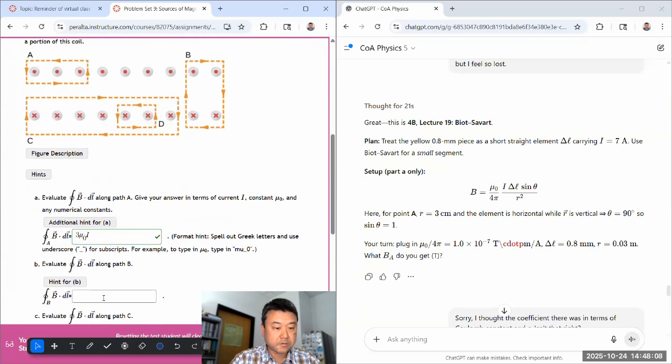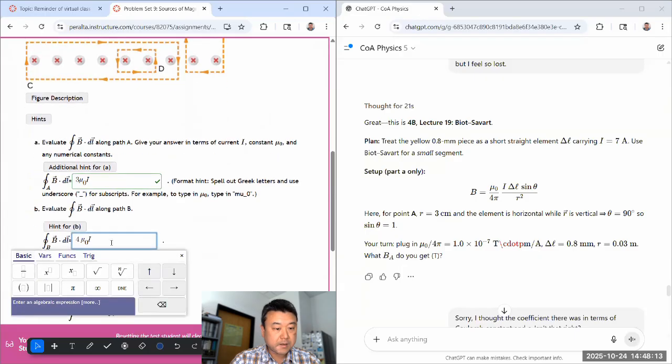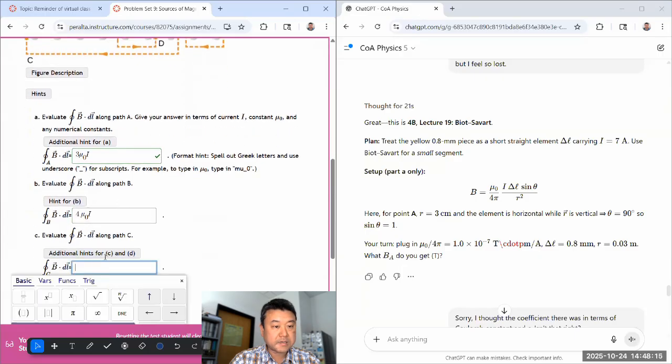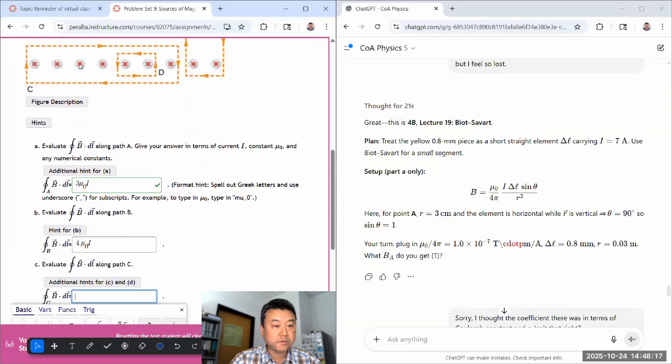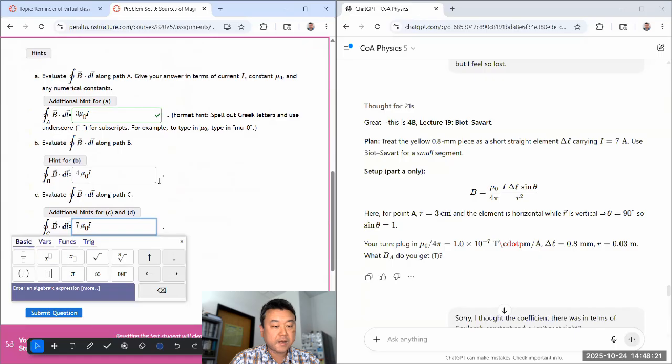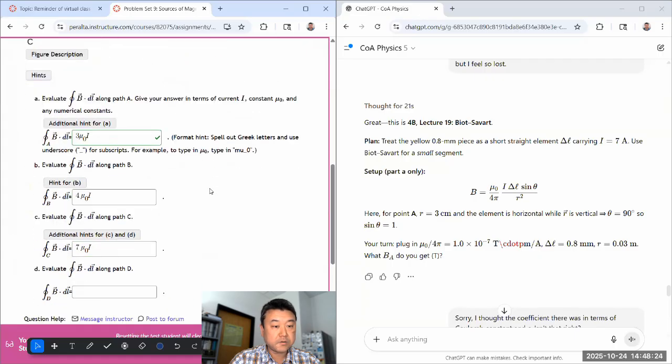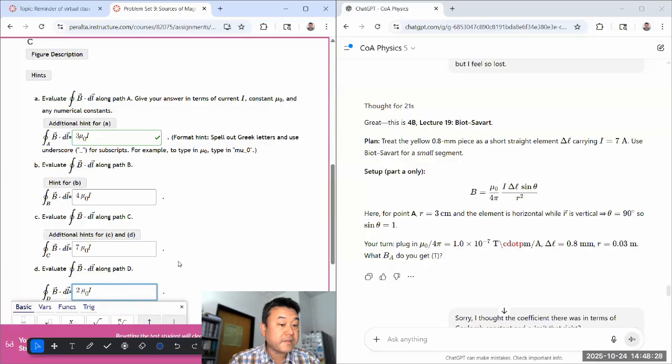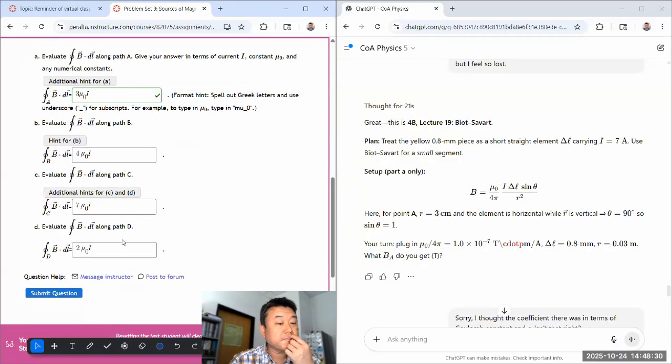So path B, you say 4 mu naught I, and that'll be wrong. And path C, you say 7 mu naught I, and D 2 mu naught I, and I think I'll get one additional one correct.